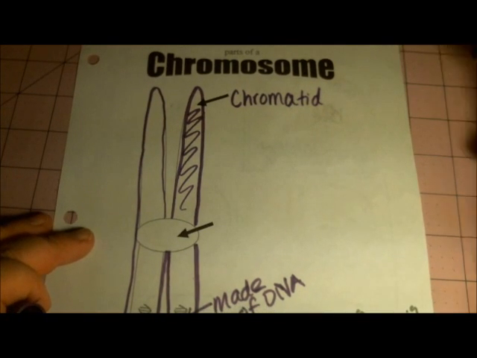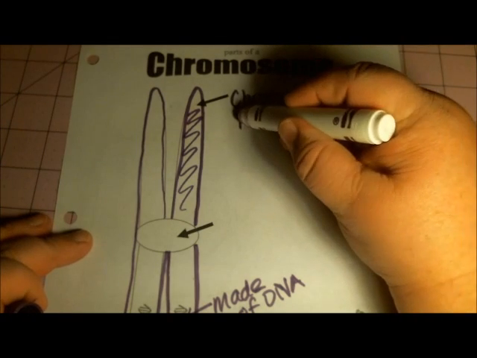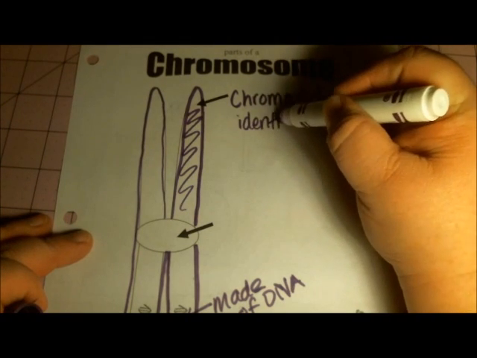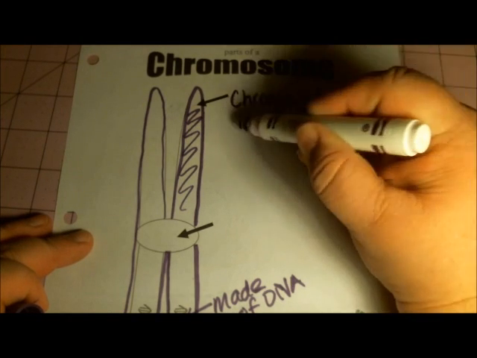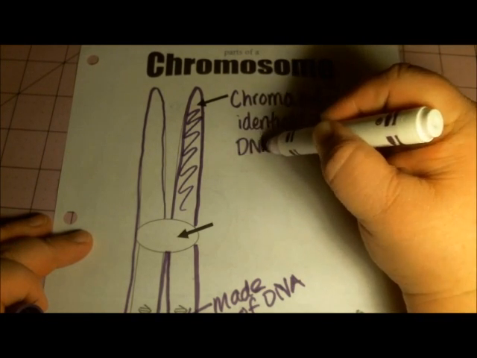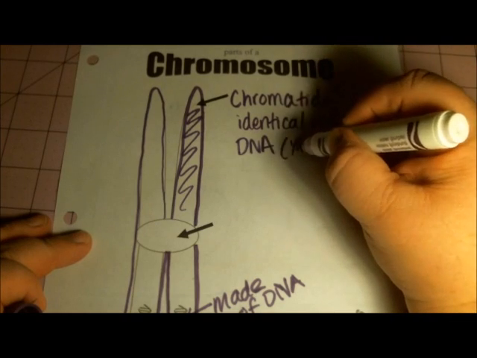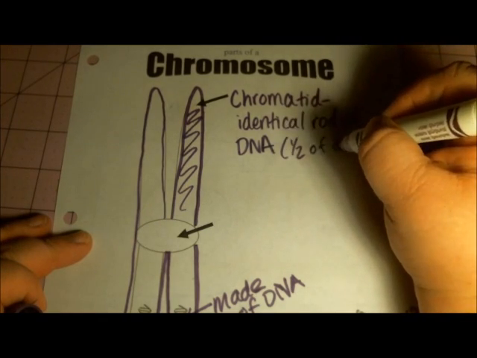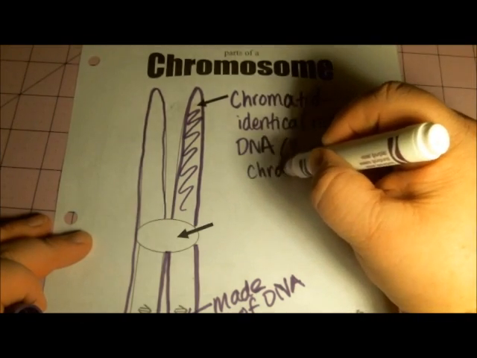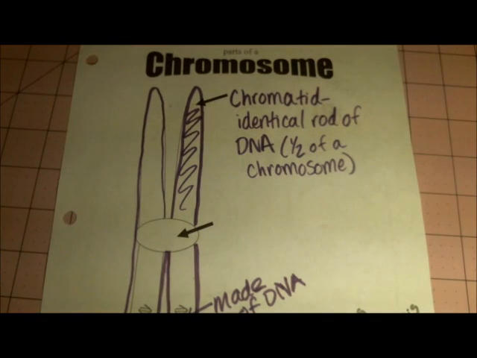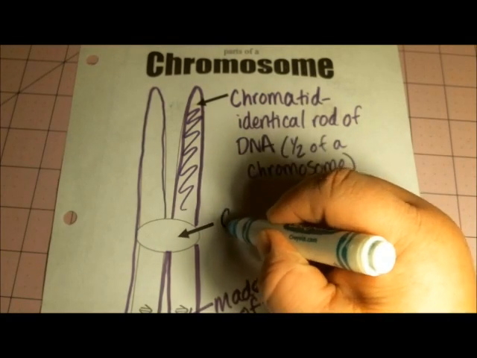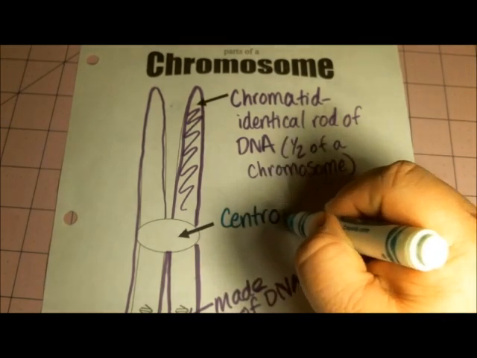So the chromatid is an identical rod of DNA, which means it's 1/2 of a chromosome. And the center part that holds the 2 chromatids together is called the centromere.